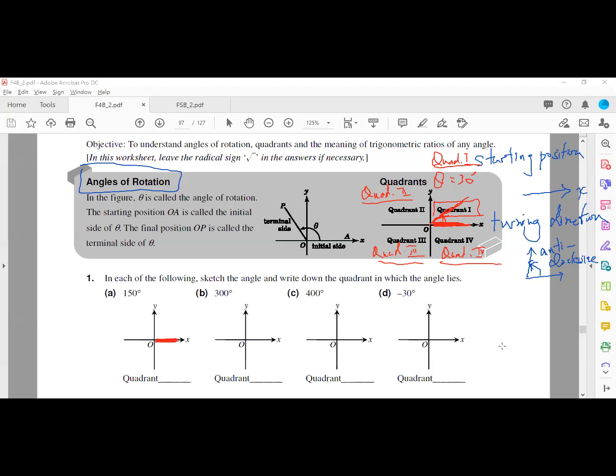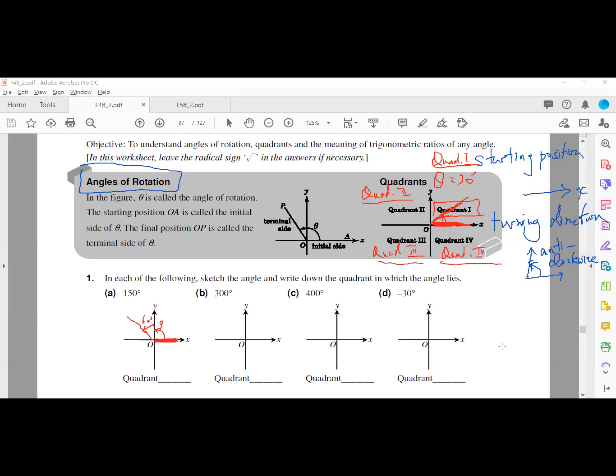This is 90 degrees, and then 150 degrees is 90 degrees with 60 degrees more. Okay, this is 60 degrees.